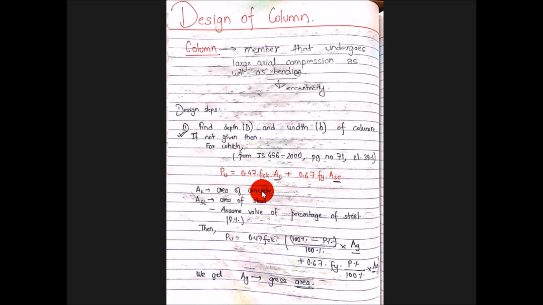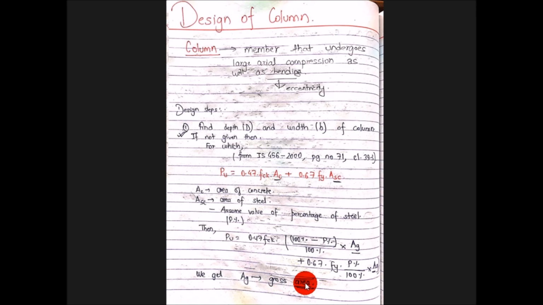Ac is the area of concrete, Asc is the area of steel, and assuming the percentage of steel p%, then Pu is equal to 0.47 fck (100% minus p%) by 100% into Ag plus 0.67 fy p% by 100% into Ag. We get Ag, which is the gross area.